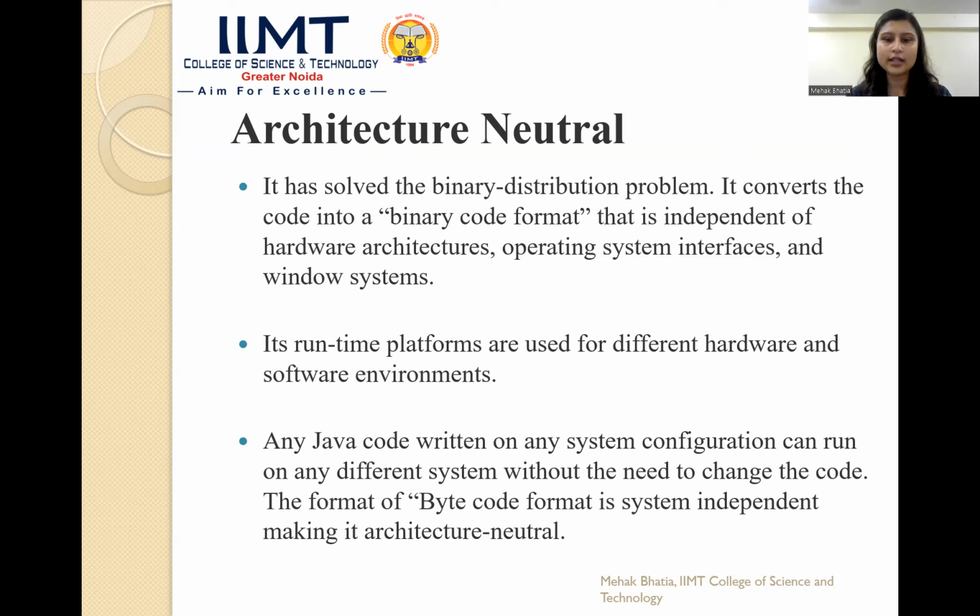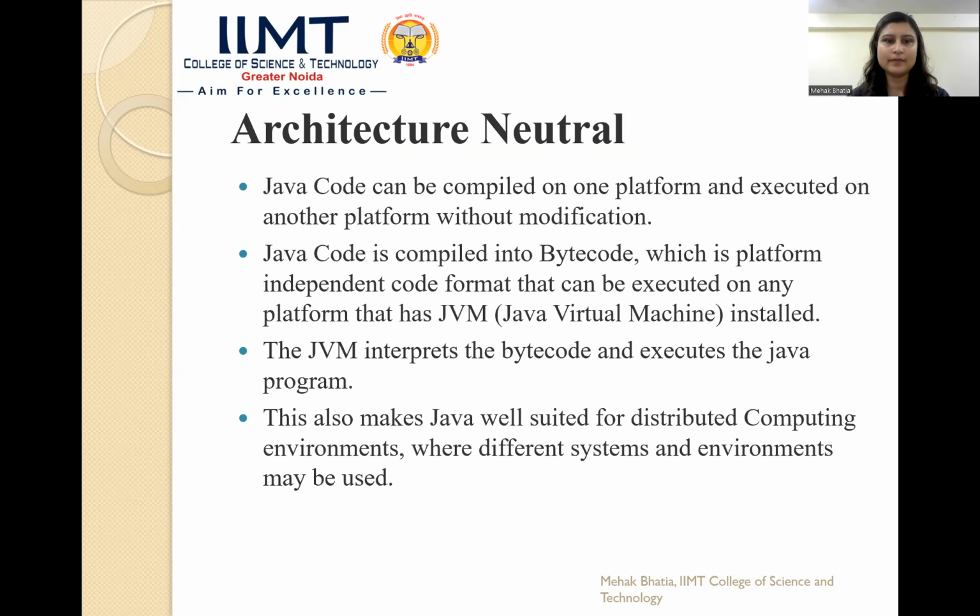Any Java code written on any system configuration can run on any different system without the need to change the code. The bytecode format is system independent, making it architecturally neutral. So the system independent feature of bytecode format makes Java architecturally neutral.